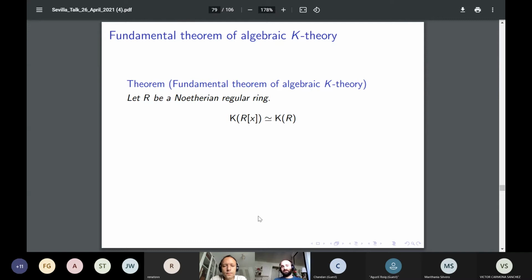It says that if you have a Noetherian regular ring R, where regular here means that every finitely generated module over R has finite projective dimension, then the algebraic K-theory groups of the polynomial algebra over R are the same as the algebraic K-theory groups of R. This is pretty interesting because algebraic K-theory groups are often so difficult to compute. In this case, it gives a very simple answer.